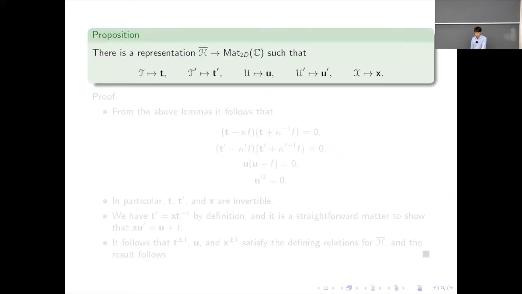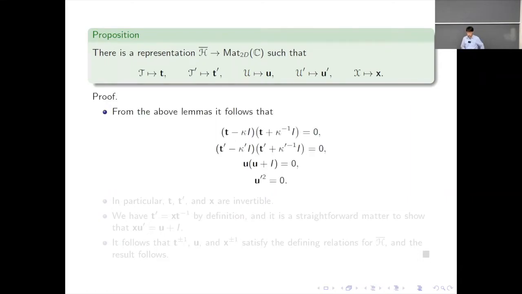Then there is a representation from the nil-DAHA H bar to the matrix algebra Mat 2D(C), sending t to t and t prime, and so on. With the 2D by 2D matrices, we can routinely check these 4 relations. By the previous lemmas, we easily find this property, these 4 equations.